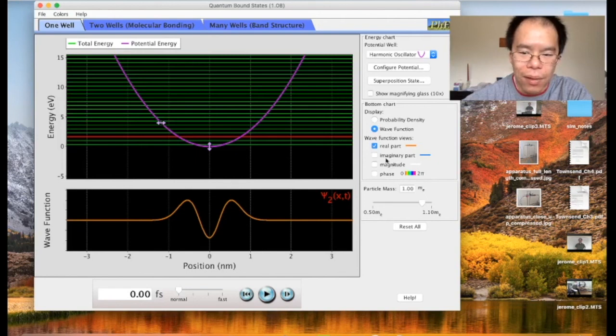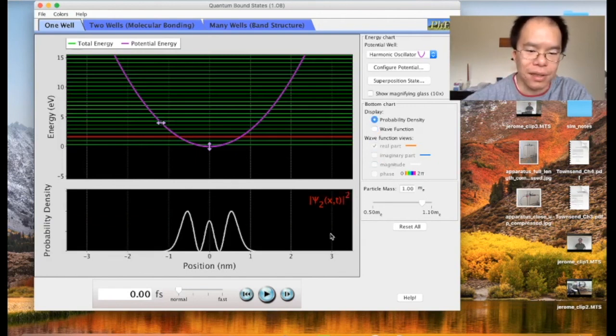If I plot the probability density, that's probably easiest to see: the amplitude is actually a little bit larger in these two side bumps than right in the middle. And if you look at the width of this bump, you might be able to convince yourself that these side bumps are just a little bit wider than the one in the center.